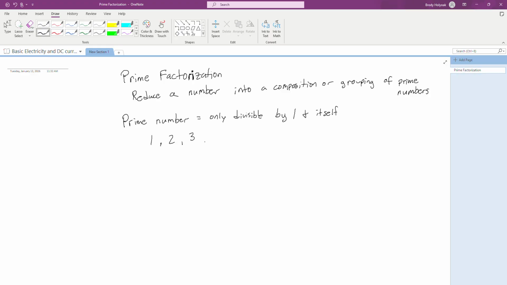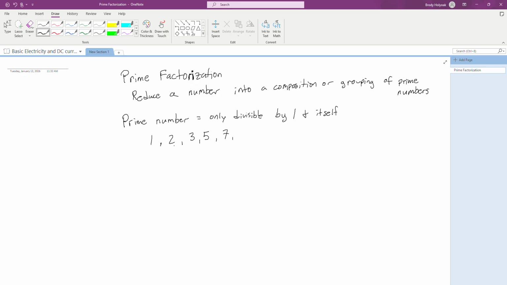4, if we look at it, is not a prime number, because 4 can be divided by 2, which brings it down to another prime number. Next number we have is 5. The only thing that goes into 5 is 5 and itself. 6 is a number that can be divided into 2 and 3. 7 is the next prime number, as it gives us the only option of 7 and itself. 8 is not a prime number because it can be divided by 2.